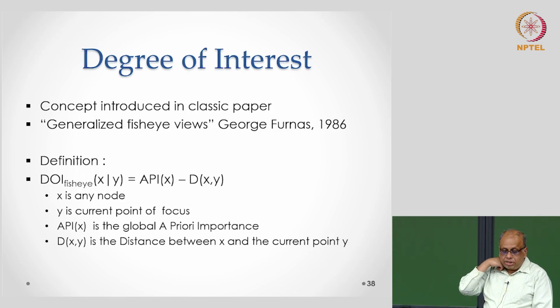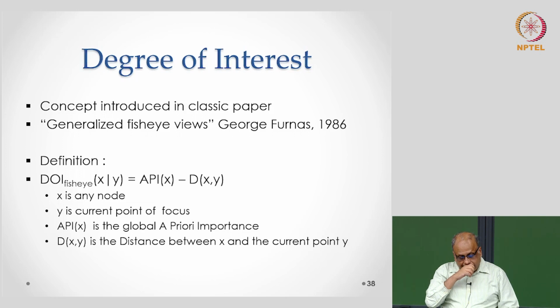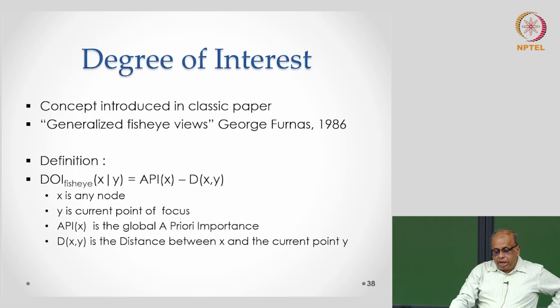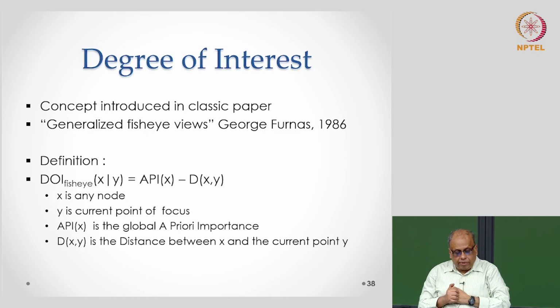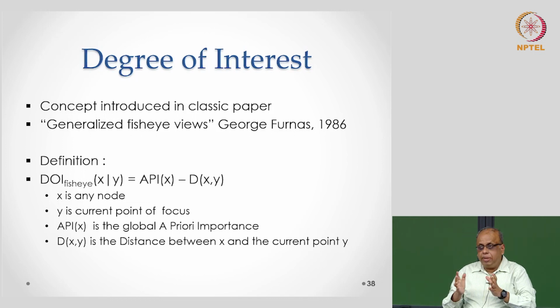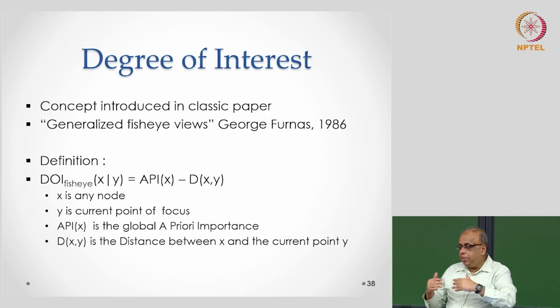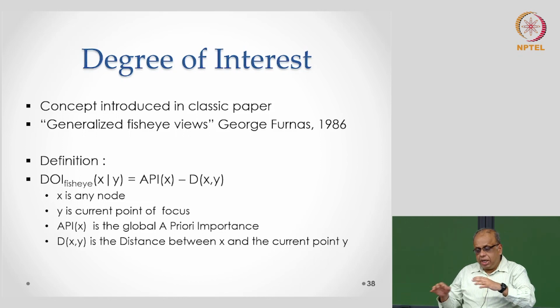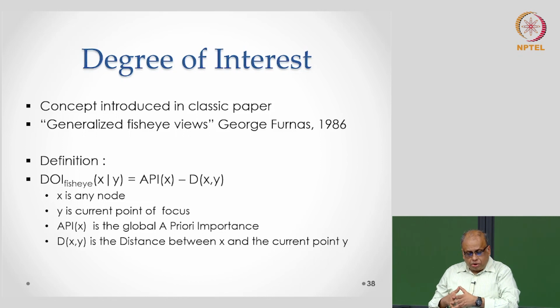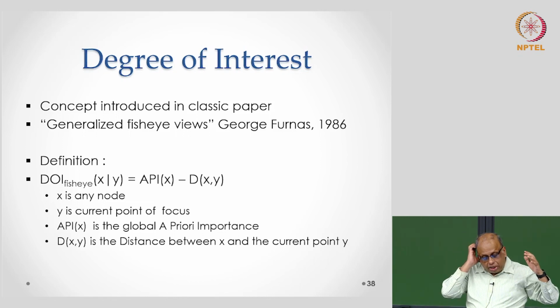This is based on a concept called degree of interest. When you create a visualization, the position of an item is based not only on its distance from the focus. Generally in pan and zoom, if you are focusing on some part, things near that part you show, and things far away you don't show.